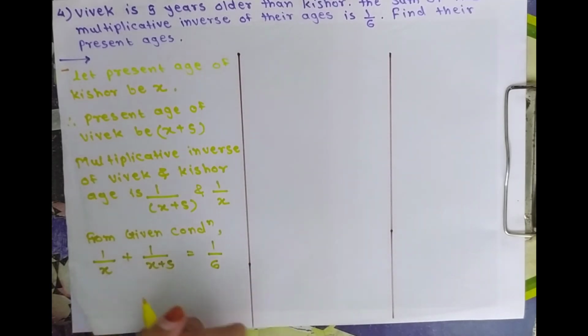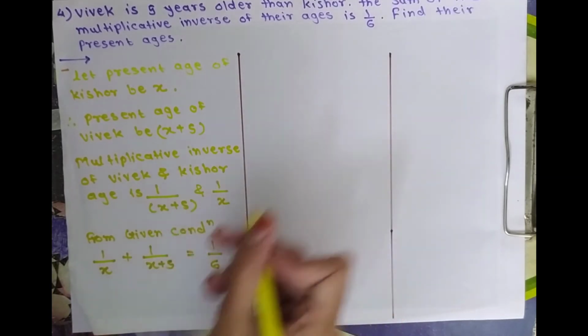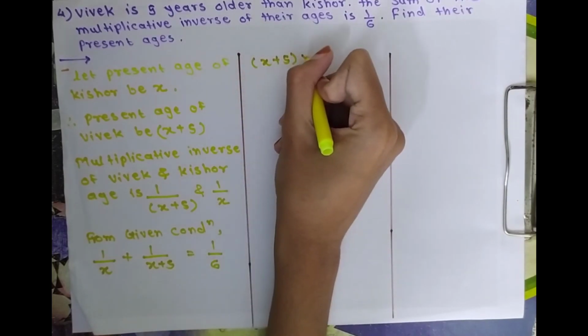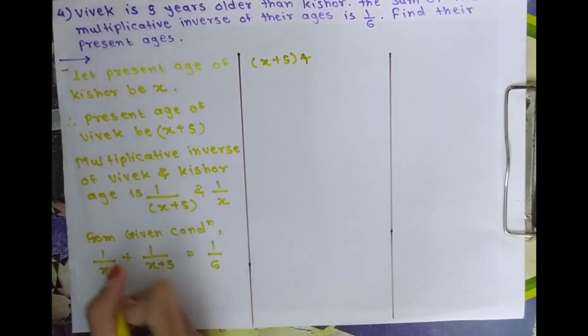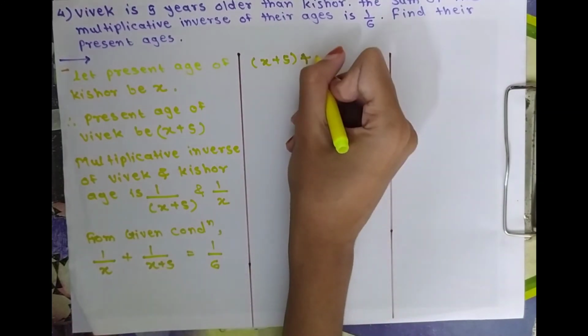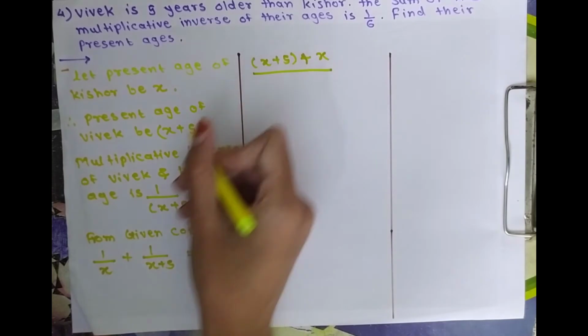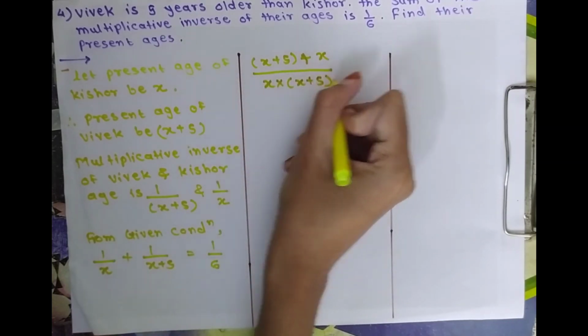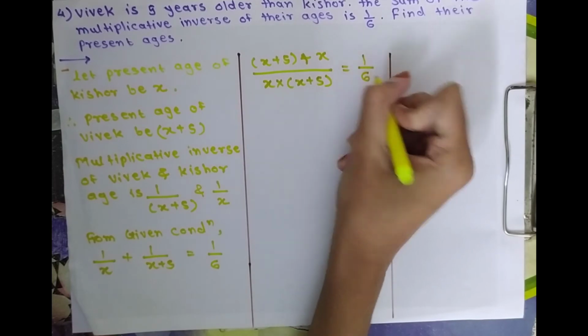Now here the denominators are not the same, so do cross multiplication. So x plus 5 plus this 1 into x plus 5 is x plus 5, plus 1 into x is x, upon x multiplied by x plus 5 is equal to 1 upon 6.